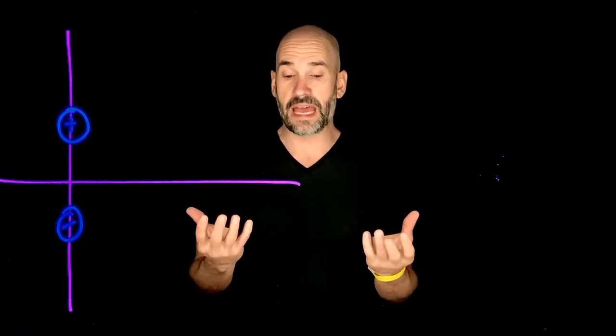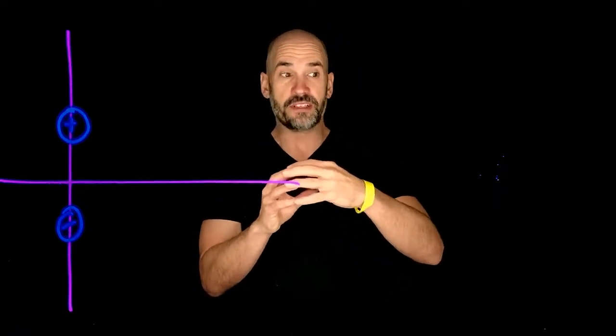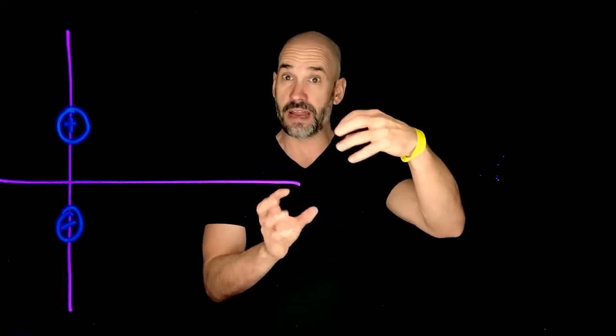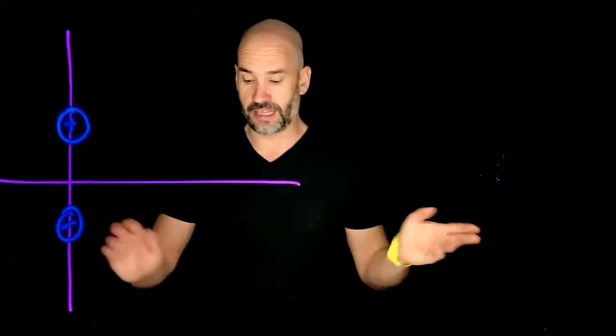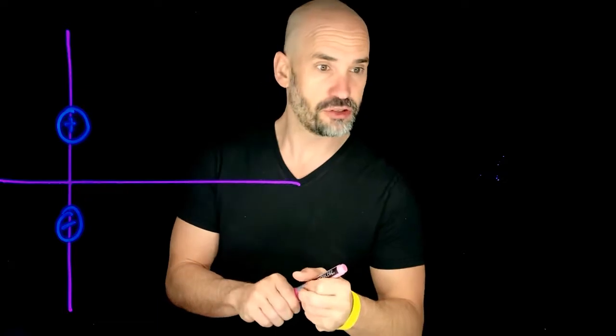Now, in a molecule, these dipoles can simply happen because you have different atoms that are more or less electronegative. So the classic example is H2O.